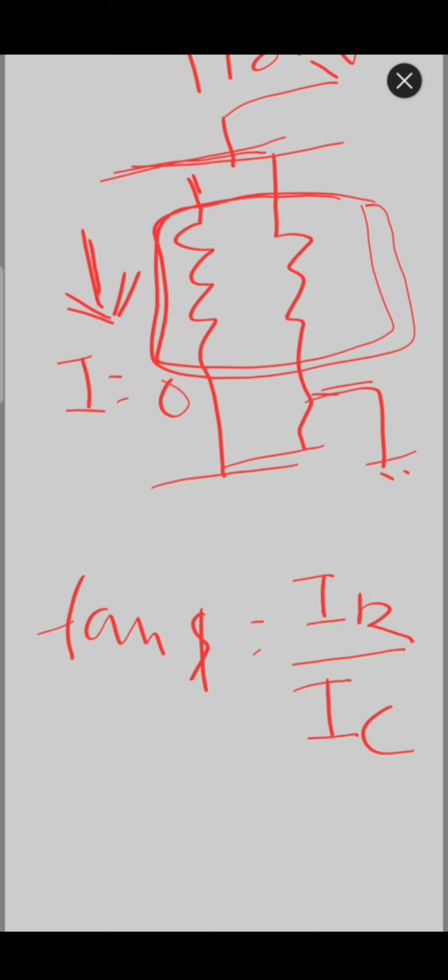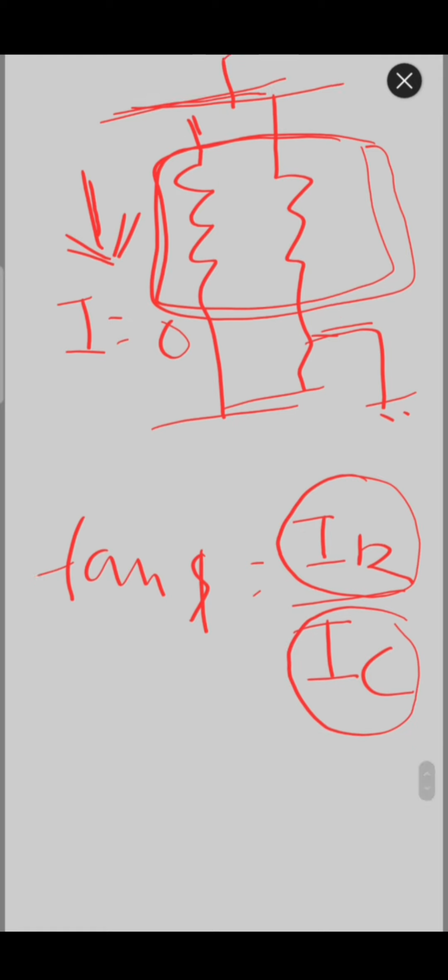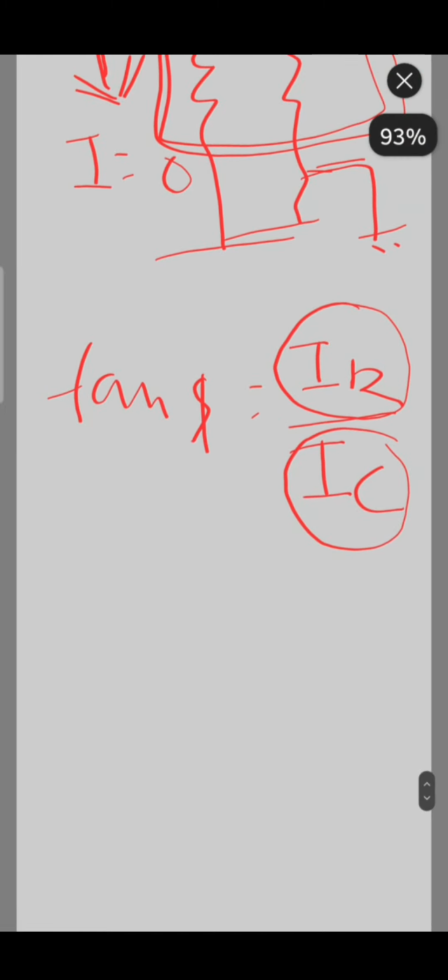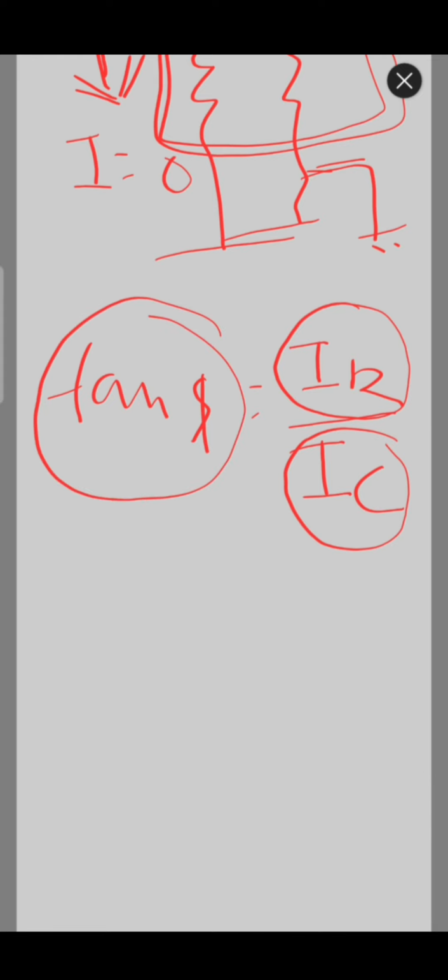So tan delta is the ratio of resistive current to capacitive current. Now you can understand what the value of tan delta should be, maximum or minimum. This is directly proportional, so the value of IR should be as minimum as possible, tending to 0. So the value of tan delta should be minimum.